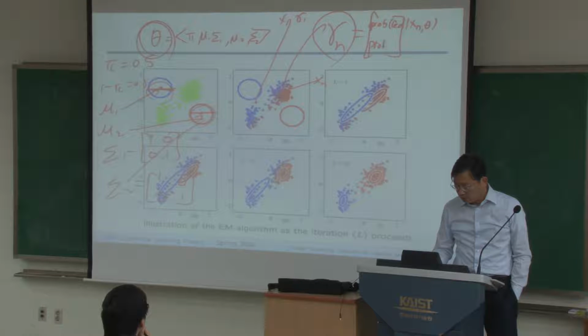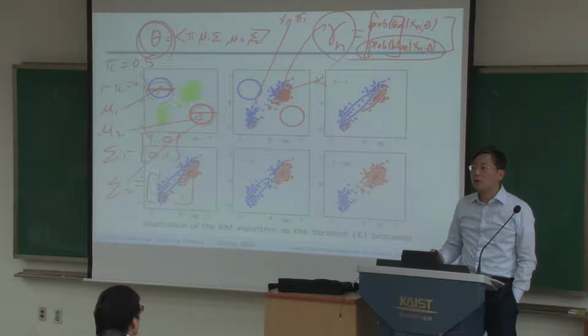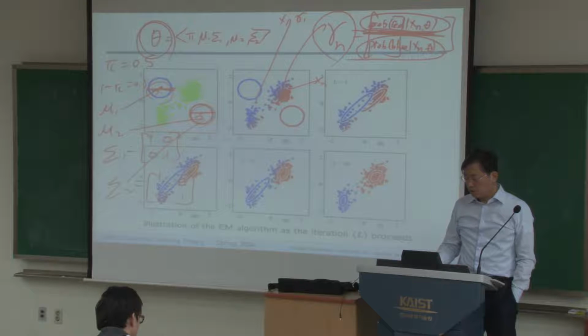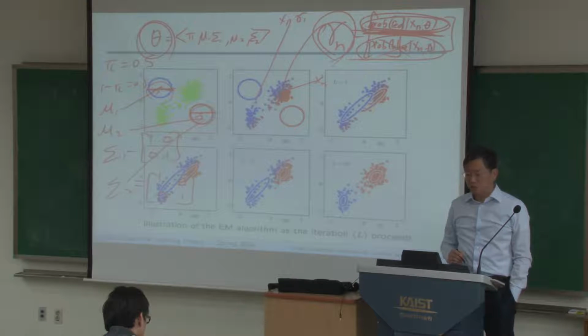Probability of blue given x and theta. But I don't really need to define this one. Why? 요거 하나만 정리하면 돼요. 이거는 필요 없어. 왜? 요건 1 마이너스니까 요거 하나만 갖고 요거 나타낼 수 있어요. 그렇죠? 요거 주어지면 요거 구할 수 있어요.